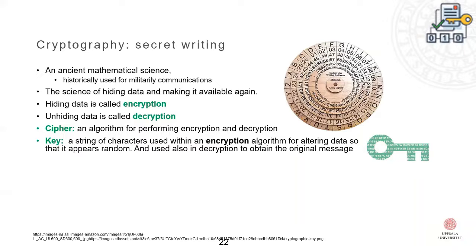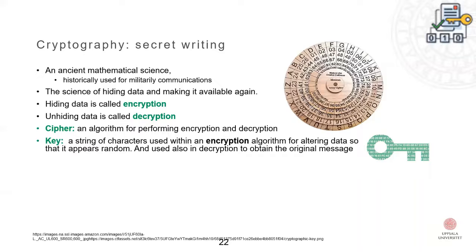It is not readable. And the key is also used at the time of decryption to obtain the original message. So cipher, in this case, is the algorithm, and key is the input to that algorithm so that it knows how to perform the encryption and decryption.